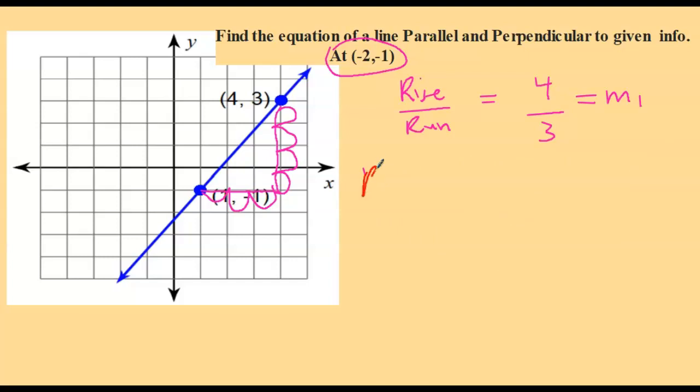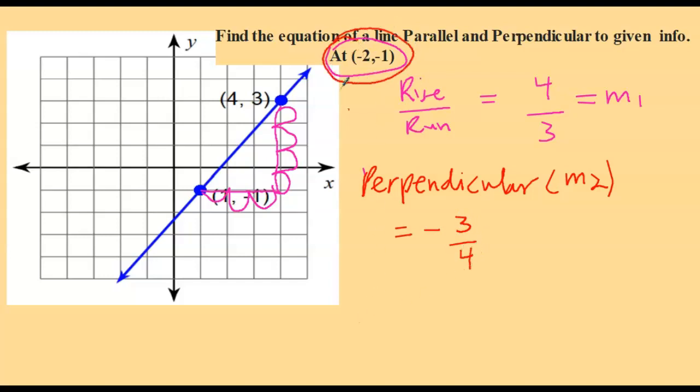So if we look at the perpendicular m2, we realize that the slope is going to be negative, and you flip. So that's that. And at the same point, I'm going to write the equation for this perpendicular line.